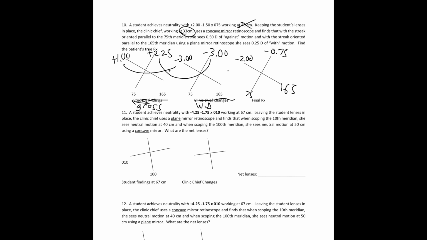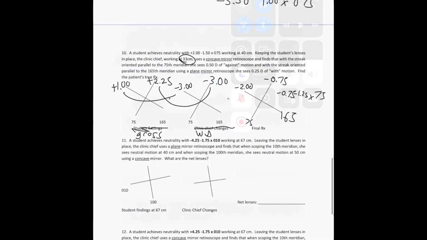And then the axis is still the same. And so now that we went from the student's lenses to the chief's changes, and then we take the chief's working distance out, now we have the final Rx. So the final Rx is minus 0.75, axis 75, and the cylinder is the difference, so that's minus 1.25.